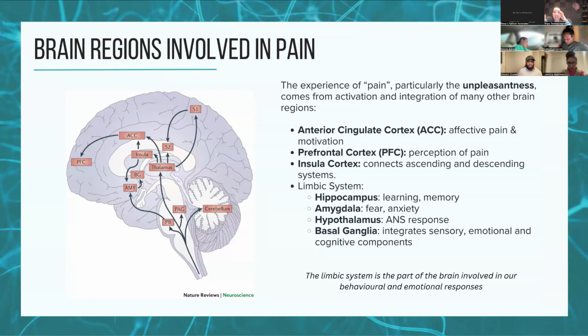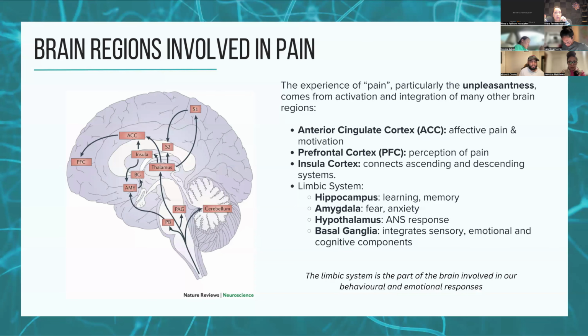Now, brain regions that are involved in your whole experience of unpleasantness, you deciding that whatever sensation you just had, I do not like it. And this is what gives you the experience of quote unquote pain, right? So at the same time as it's shooting off third order neurons to the somatosensory cortex, it's also shooting off third order neurons to other parts of your brain as well, especially regions involved in your limbic system.